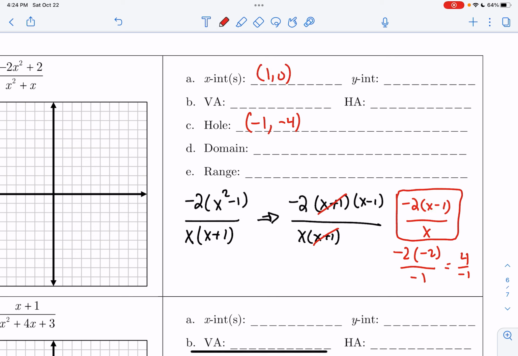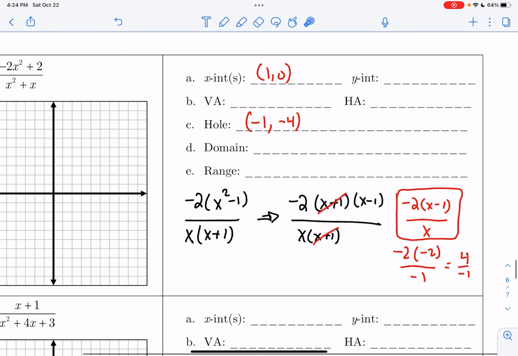Your y-intercept is whenever you have x equal to 0. In this case, 0 times -1 is -1, times -2 is 2. But then your denominator is 0, so 2 over 0 means that your y-intercept is undefined. So there's not one.